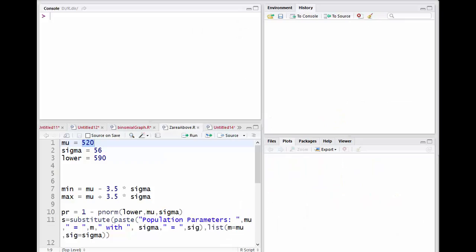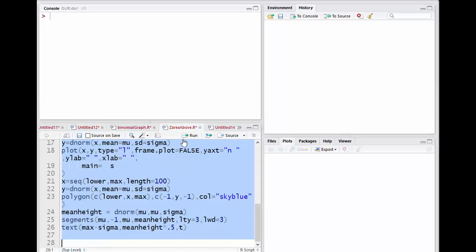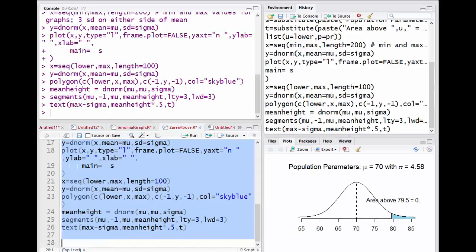Okay, now I'm pulling up my R program for getting the z area above a particular value. And so I'm just going to put 70, 4.58, and then the lower bound will be 79.5 since we're including all of 80.